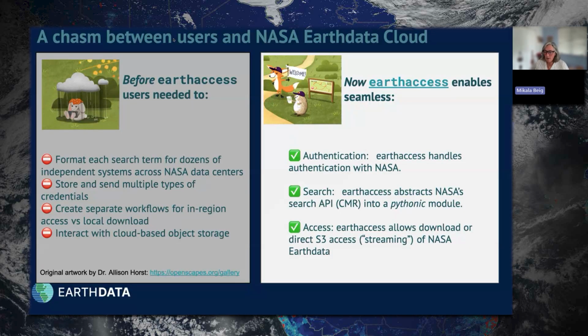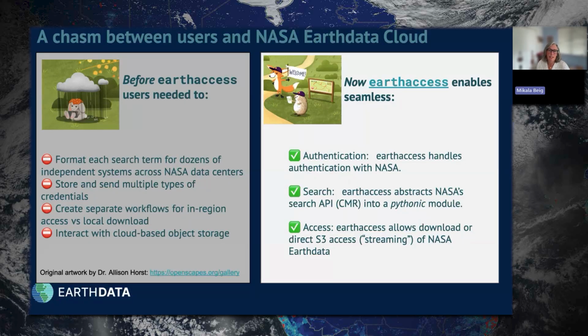So before the existence of earthaccess, if you wanted to access NASA Earth data programmatically, you needed to discover and then understand how to interact with a bunch of different APIs, or application programming interfaces, in front of independent systems, and you needed to learn how to format search terms for each of these.